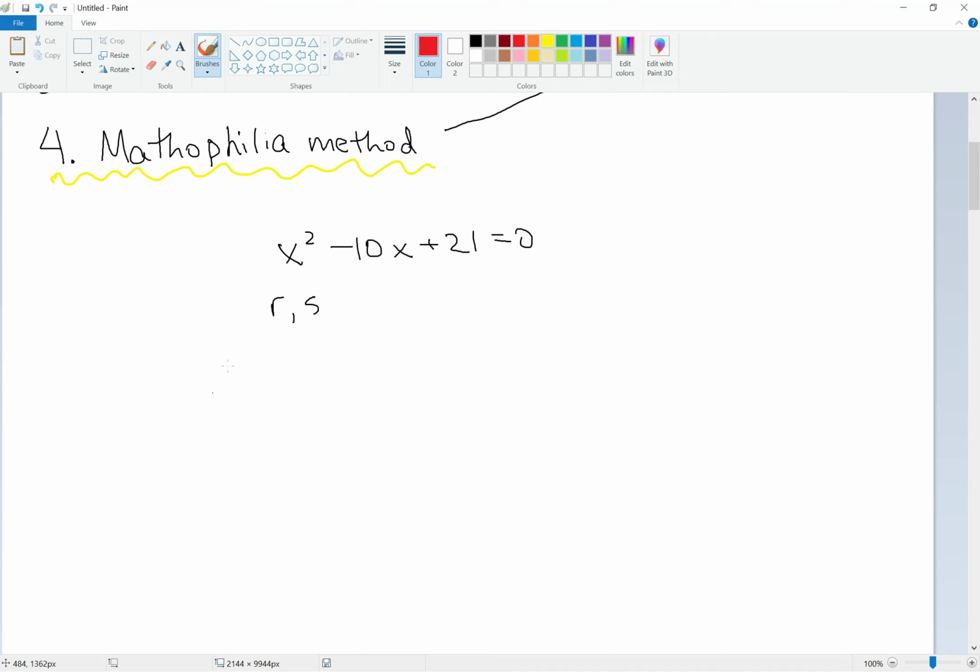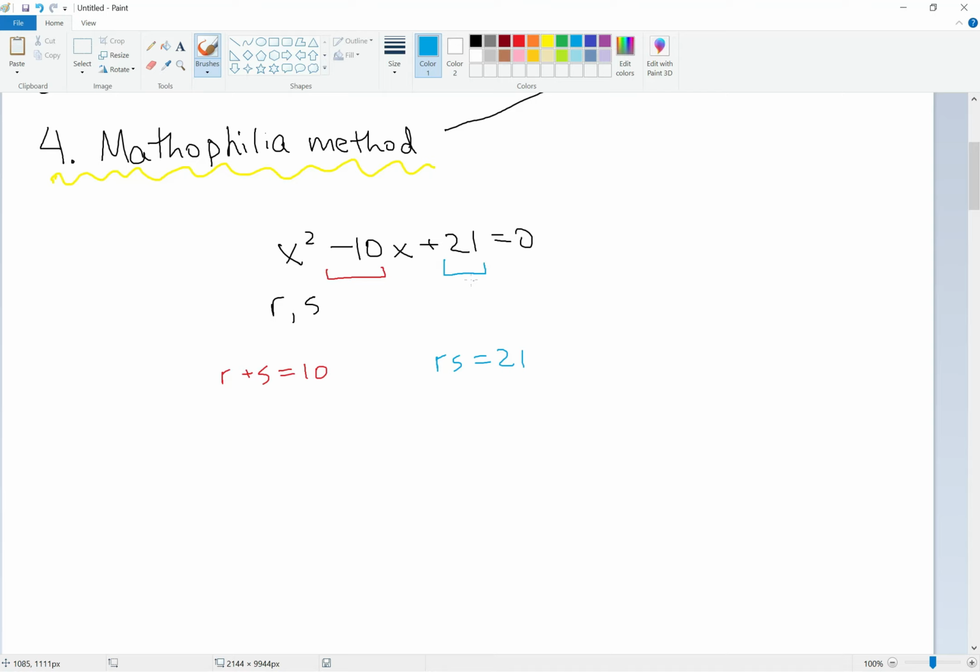First of all, we know that r plus s is equal to 10, because the linear coefficient is negative 10 and the sum of the roots is negative 1 times the linear coefficient, which is 10. And we also know that r times s is equal to 21.